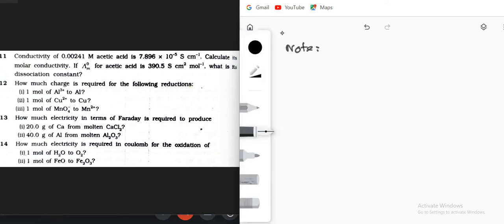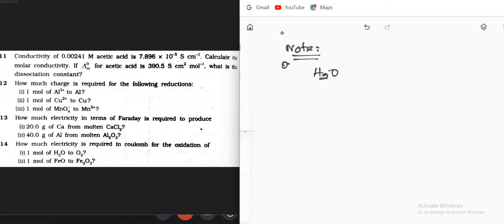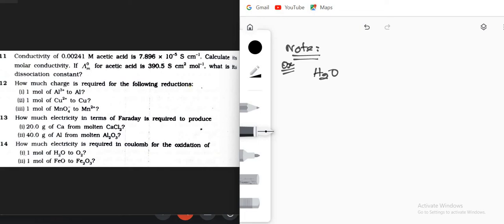This is very important, students. A water molecule can undergo oxidation, and it can undergo reduction. In some reactions it will undergo oxidation, in some places it will undergo reduction. To understand the oxidation of the water molecule, remember this. For oxidation of water, first we split water into H+ ions and oxide ion, O2-.